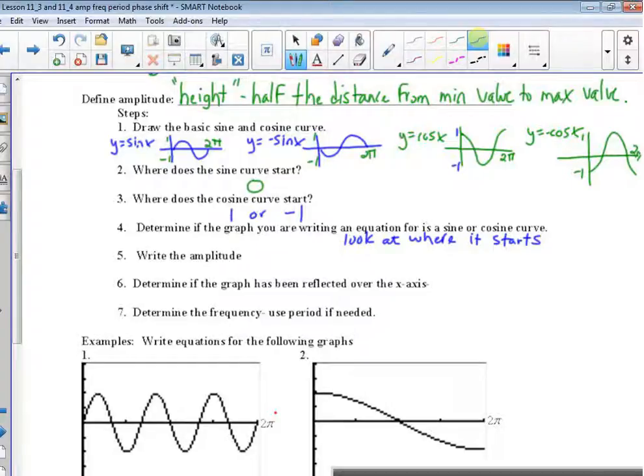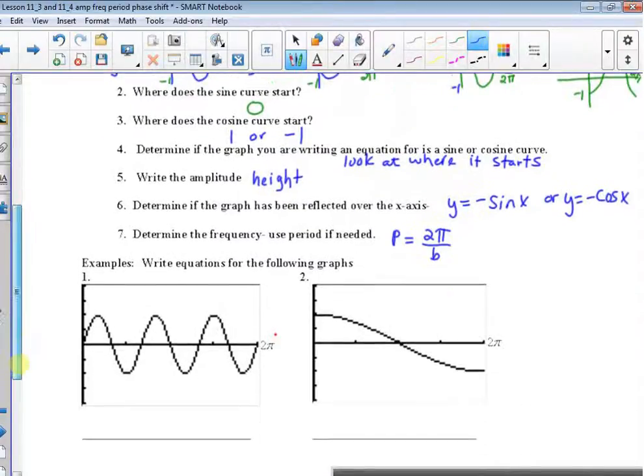And then you want to write that amplitude, which is that height. Determine if the graph has been reflected over the x-axis, so it would be y equals negative sine x or y equals negative cos x, okay? Determine the frequency, use the period if needed, so p equals 2 pi divided by b, where b is the frequency, okay?